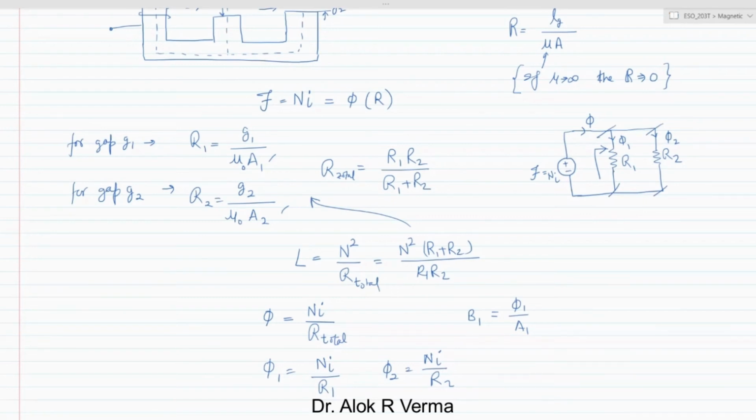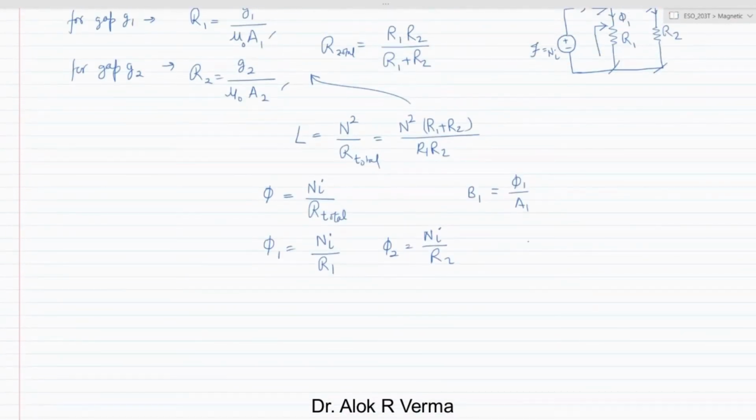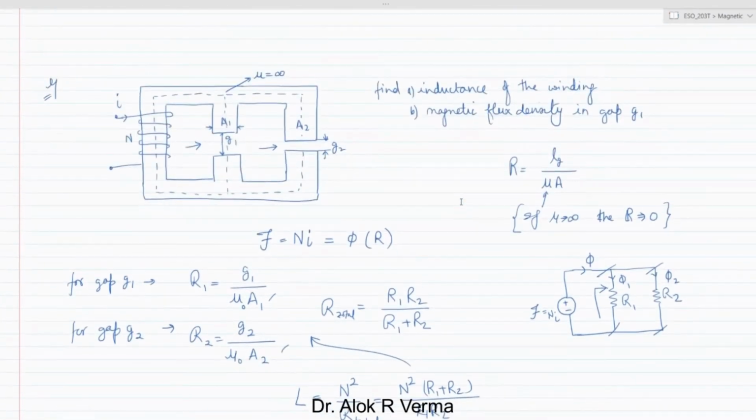So the flux flowing through R1 is this MMF by this reluctance. Similarly, the flux through R2 is the same MMF across this reluctance. And if you want to calculate B2, that will be phi 2 by A2, and phi 2 is calculated from here. So this is what we are supposed to do in any numerical, or a similar expression will come.